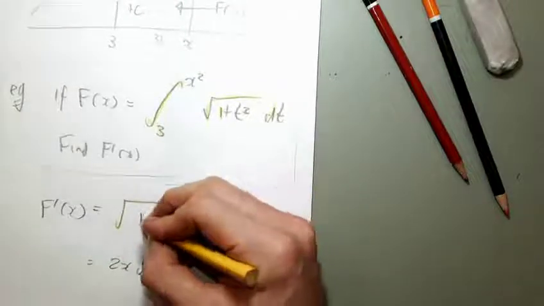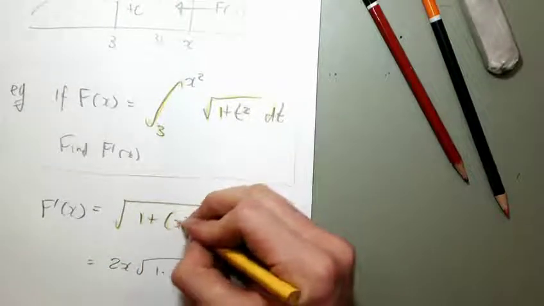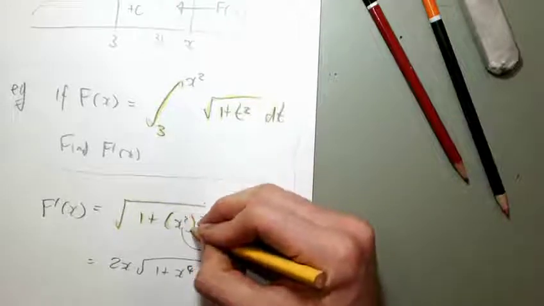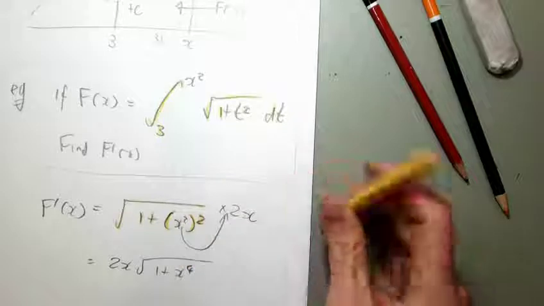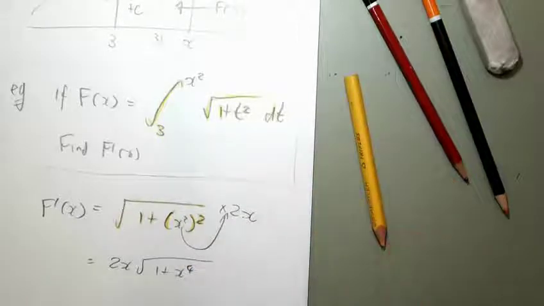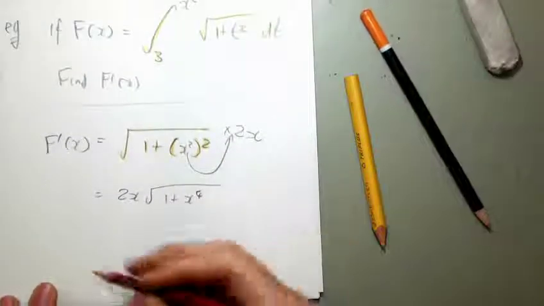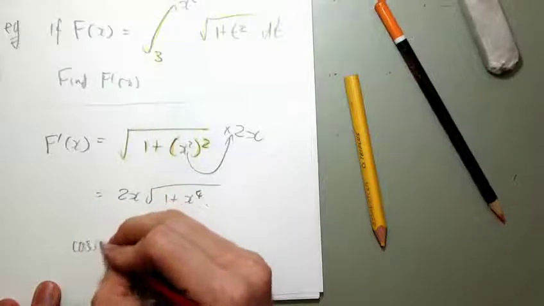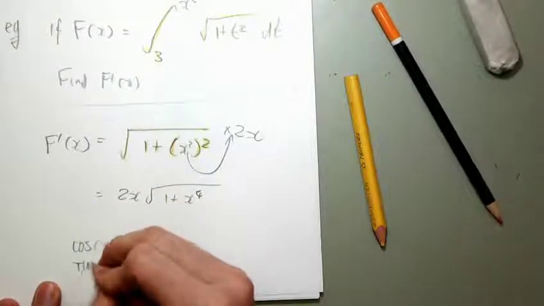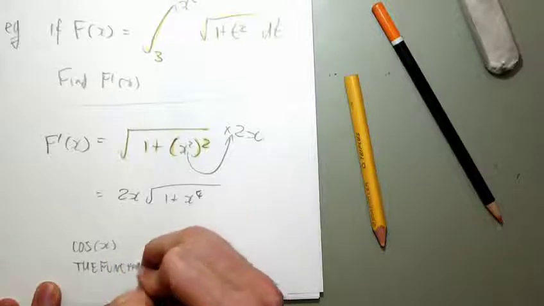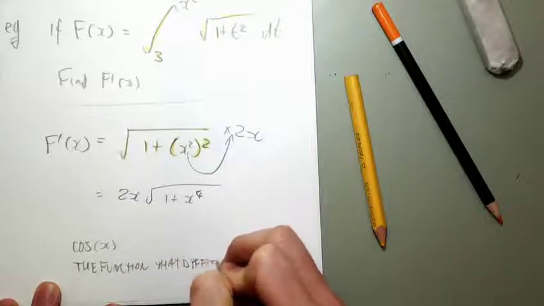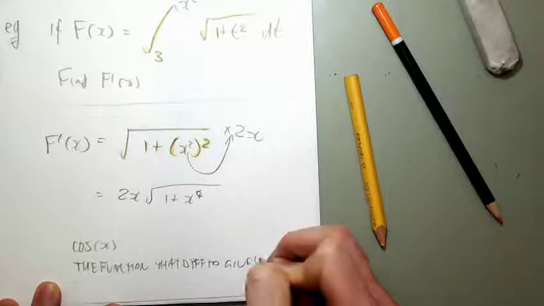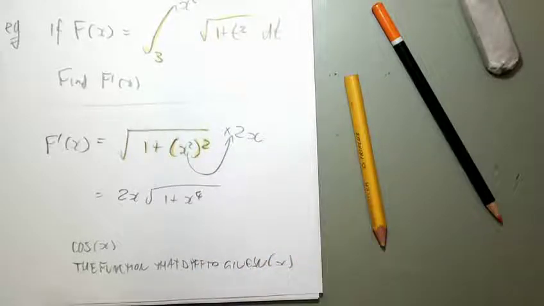It's just that included in the name is what it tells you what to do, which would be totally awesome if that was the name of sine and cos. You say, yeah, instead of having cos x, you had the function that differentiates to give sine x.